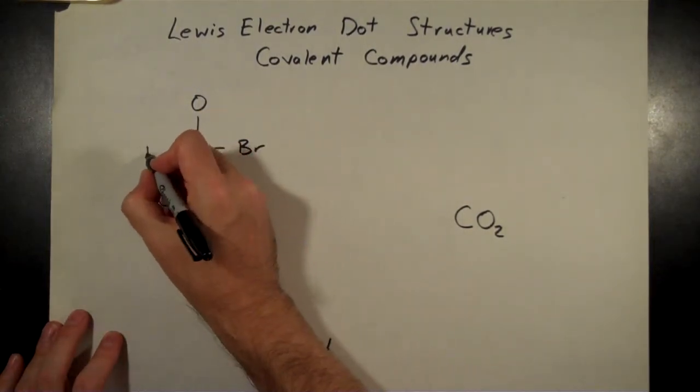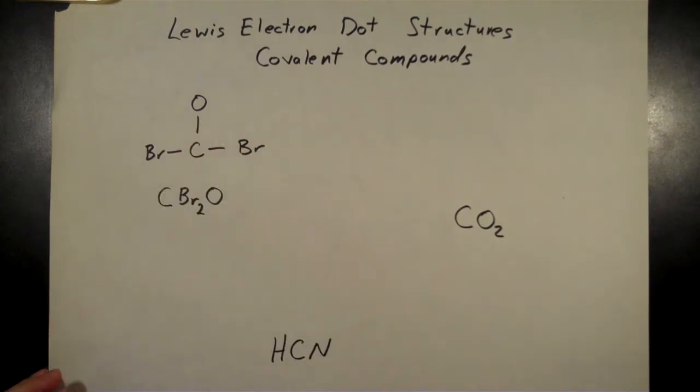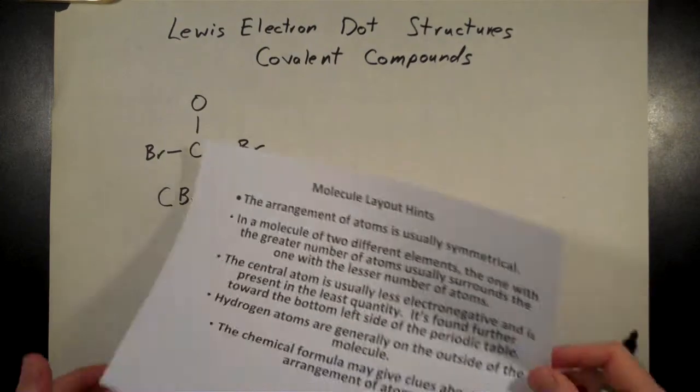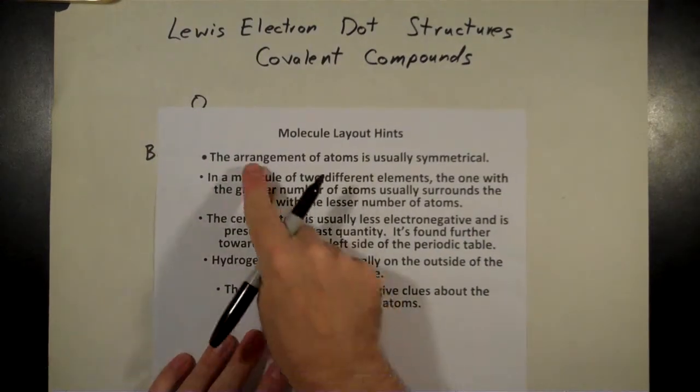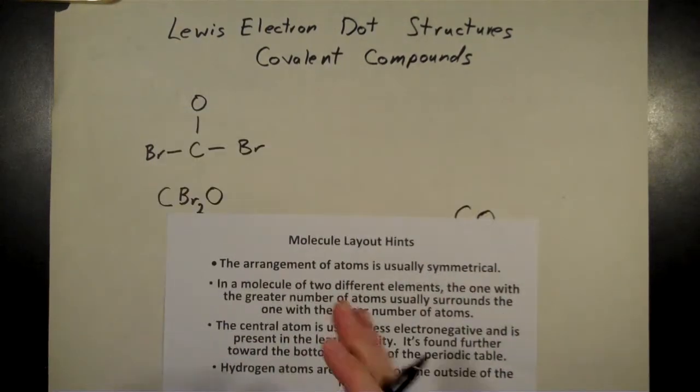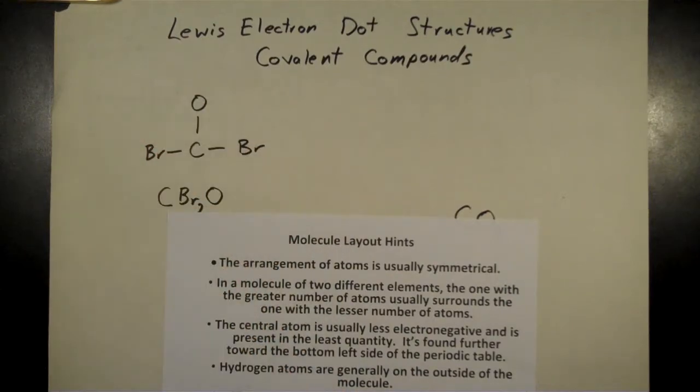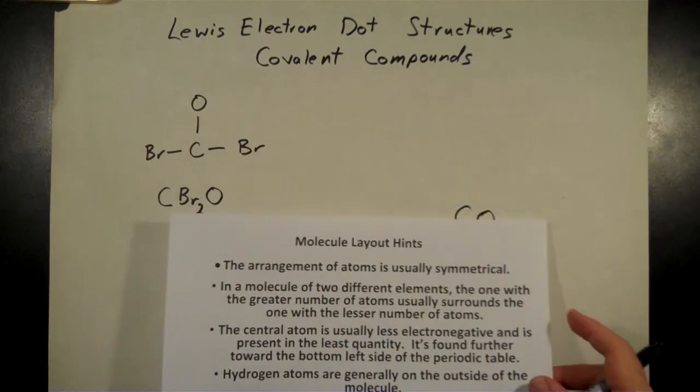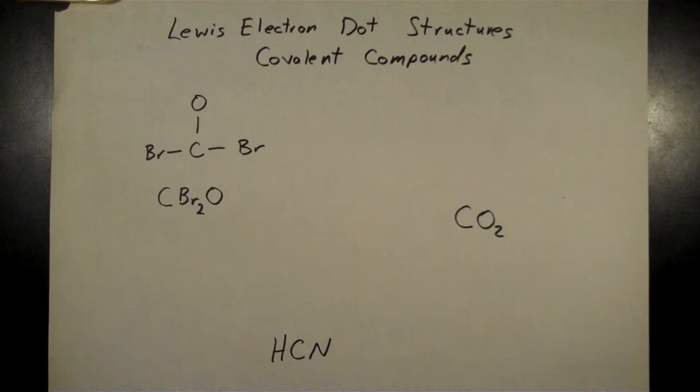One bromine out this way and one bromine out this way. When we're looking at the molecule layout, it's usually symmetrical, so I just centered everything around that carbon or the carbon-oxygen bond. So that's our basic layout for this.